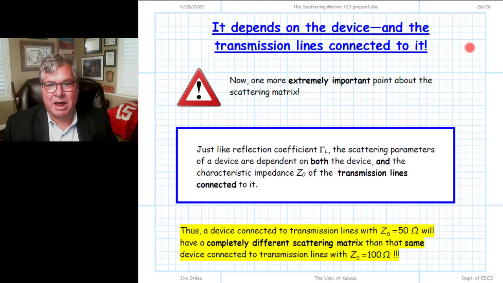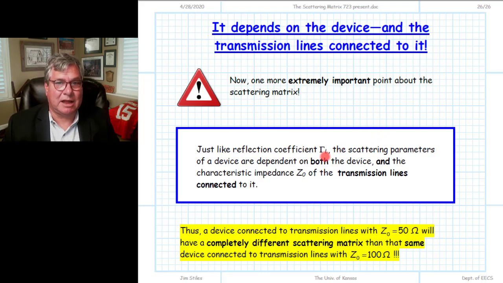In addition to the admonishment that the scattering matrix is dependent on frequency, there's an additional statement that needs to be made that is not applicable or valid for an impedance matrix or an admittance matrix. Just like a load reflection coefficient depends on both the load impedance ZL and also on the characteristic impedance of the transmission line connected to it. Gamma L is ZL minus Z0 divided by ZL plus Z0.